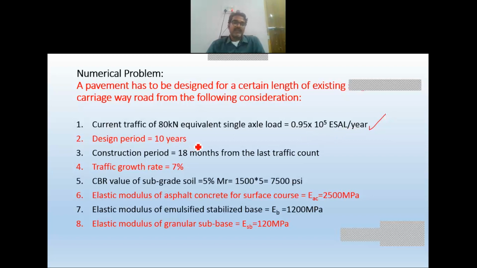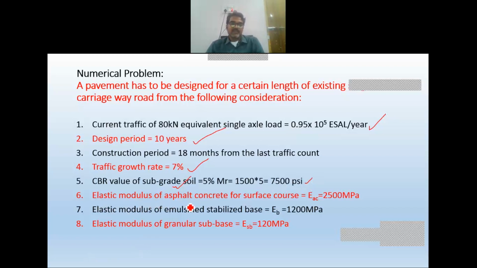The design period is 10 years. Construction period is 18 months, 1.5 years, and traffic growth rate is 7%. Here, the CBR value is given as 5% for the soil subgrade. The corresponding resilient modulus in terms of PSI is 1500 into 5, that is 7500.